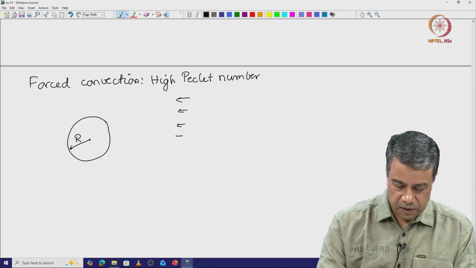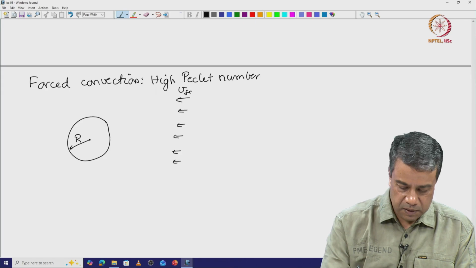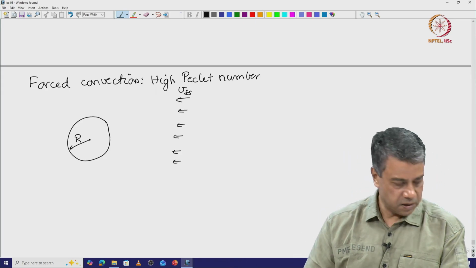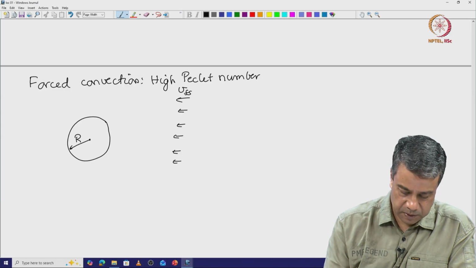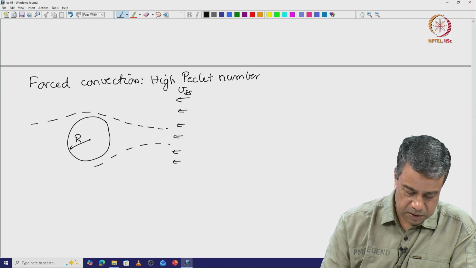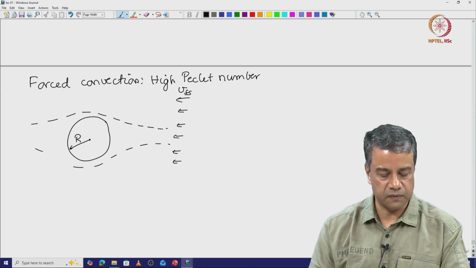We have a free stream velocity incident on the bubble, and as the flow goes around the bubble, there is a particular component that is diffusing from the gas bubble into the fluid.